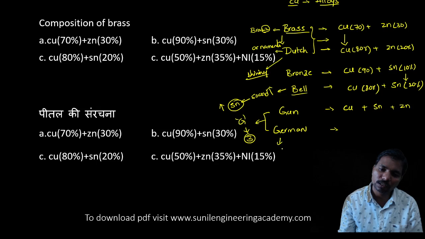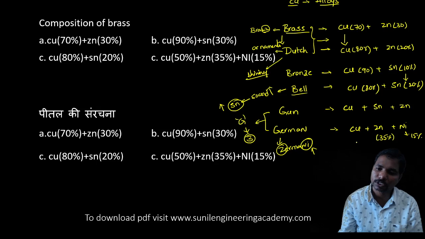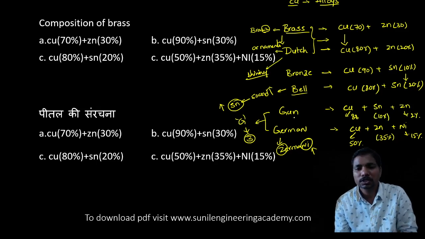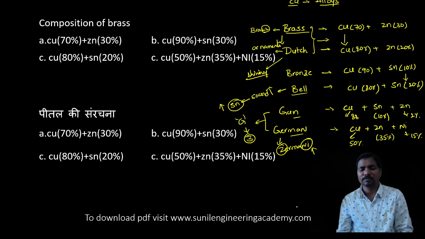German silver, call this one Germany, is a mixture of copper, zinc (Z for zinc) and nickel (Ni for nickel), with nickel at 15% and the remaining copper 50%. So these are gunmetal and German silver.